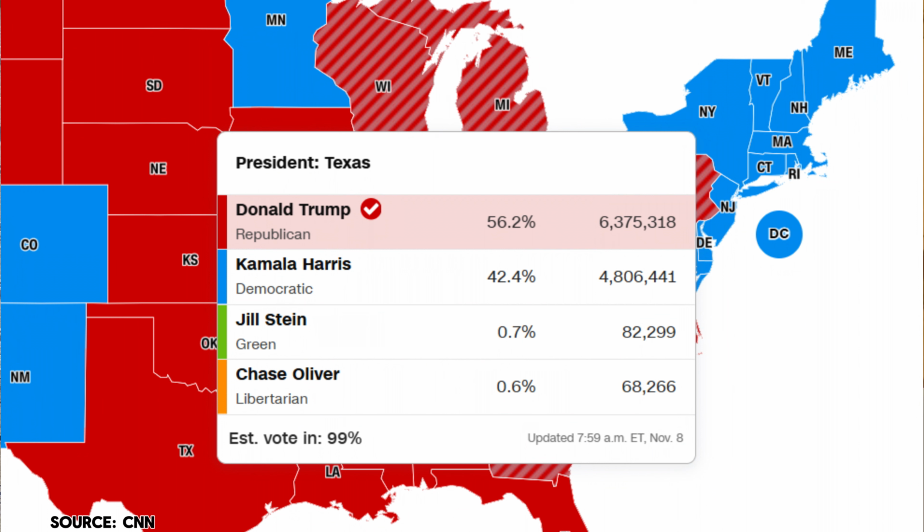The person to attain 50% plus one vote will be declared as the winner. If nobody is able to attain the 50% in the election, then there will be a runoff between the top two candidates. It happened in 2008, where there was a runoff between the NDC and the NPP.